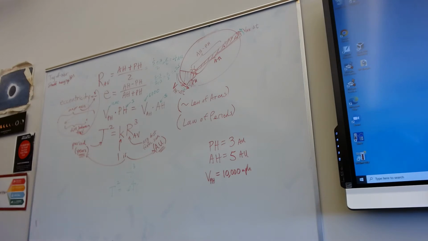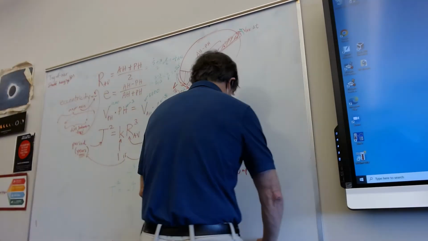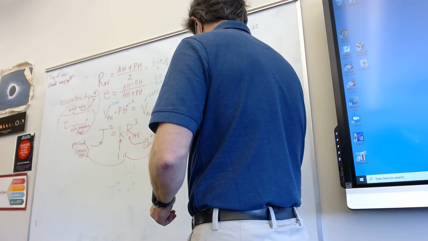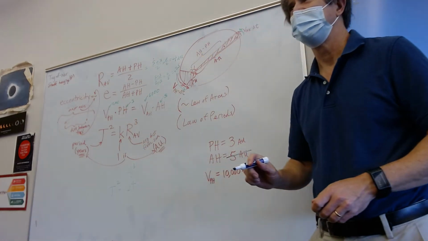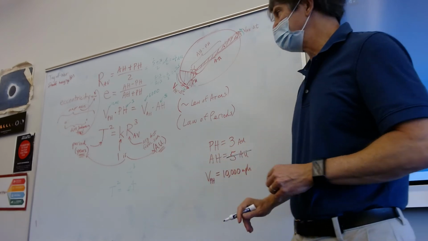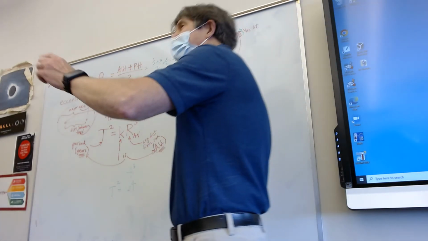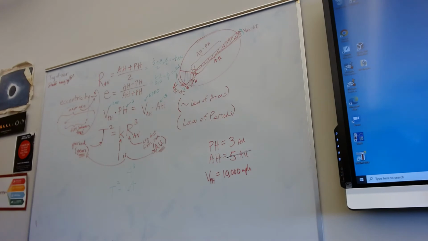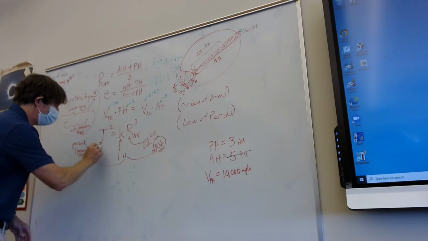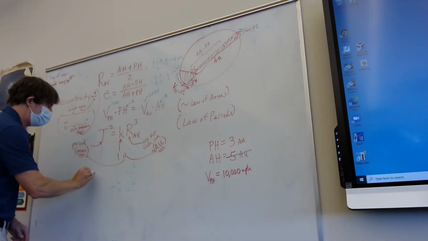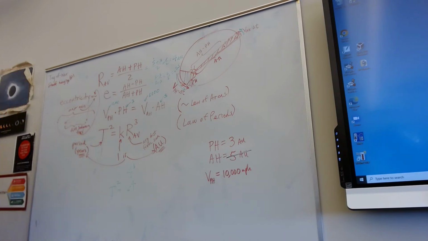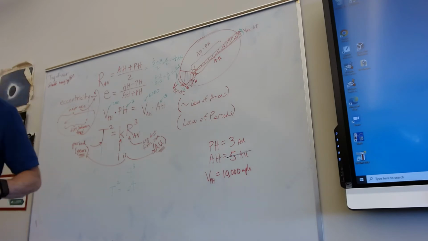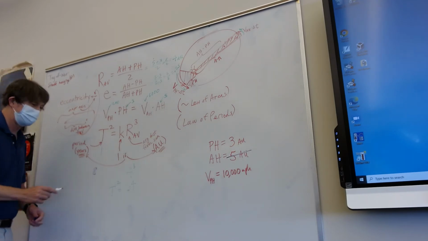What if I withheld the aphelion from you? That's not nice. Then I would need to tell you something else. Maybe I would have said the period is 8 years. So then you just go backwards. Can you work backwards right now? Can you figure out the rest of it, given the period is 8?